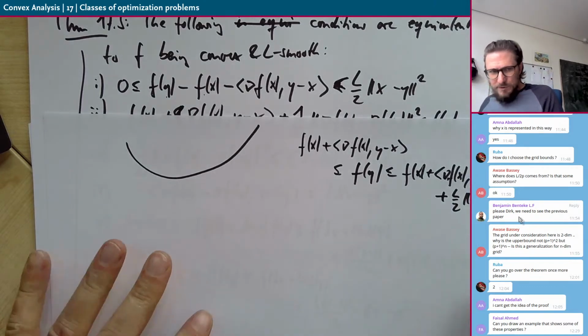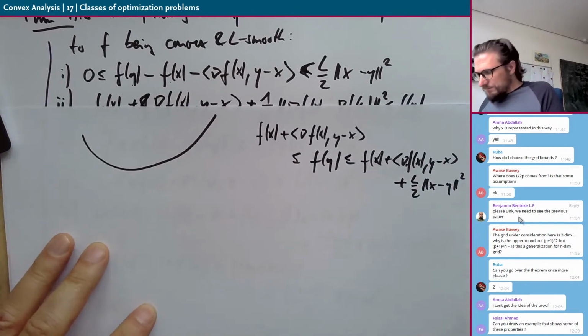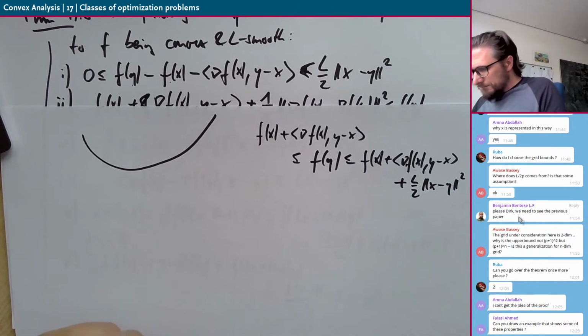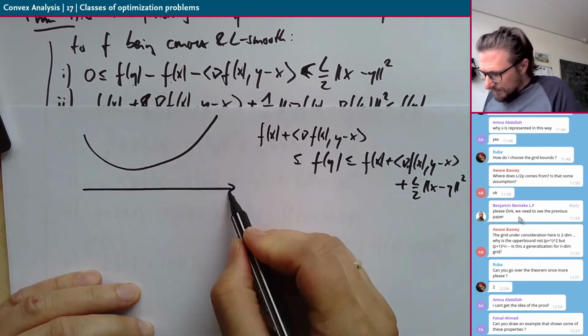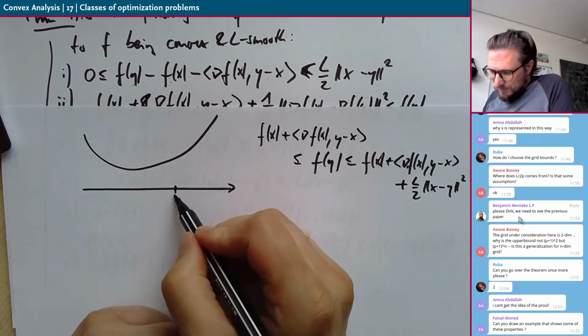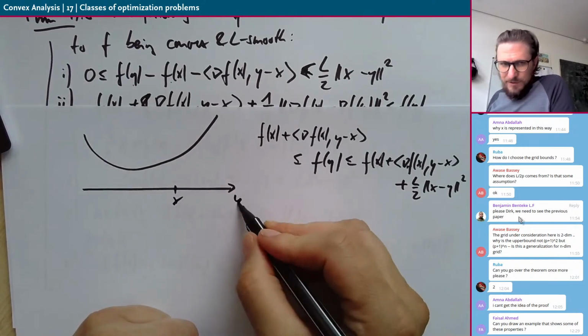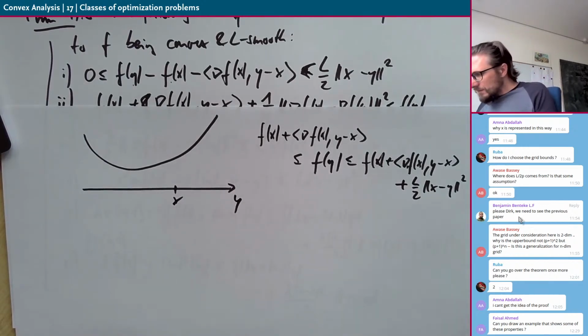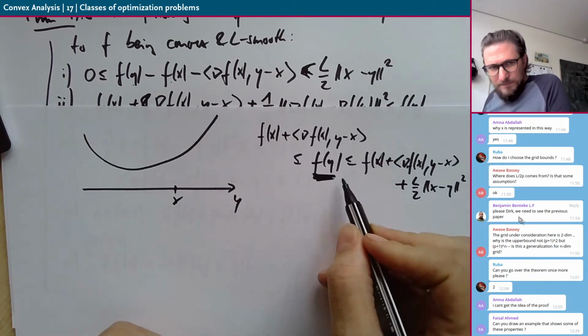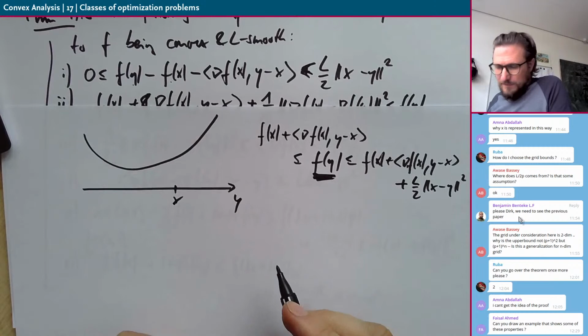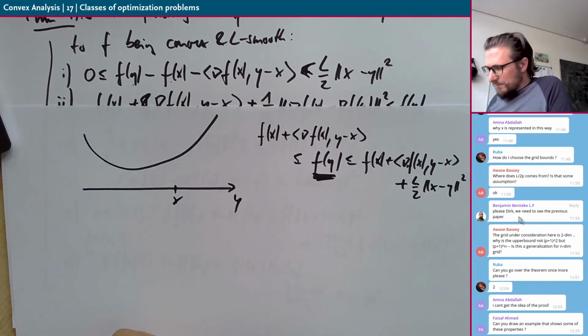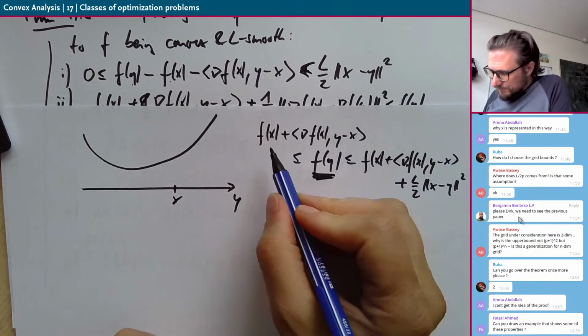Here, everything is shifted. Now we consider x fixed to be some point here, and y is now the variable. The thing in the middle here, that's the black curve, that's f of y. What is the thing on the left-hand side here?